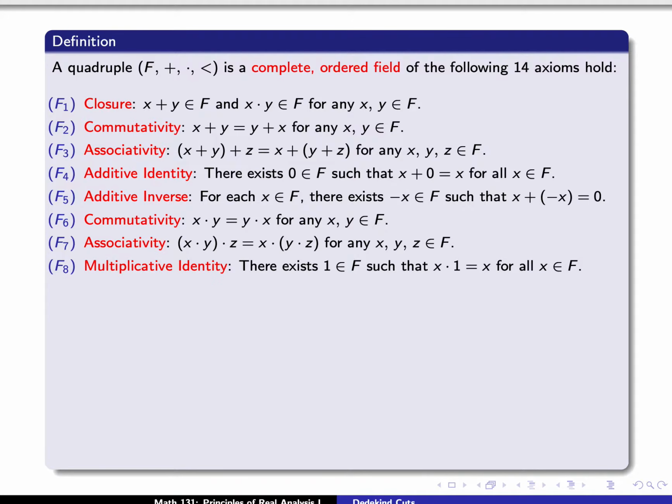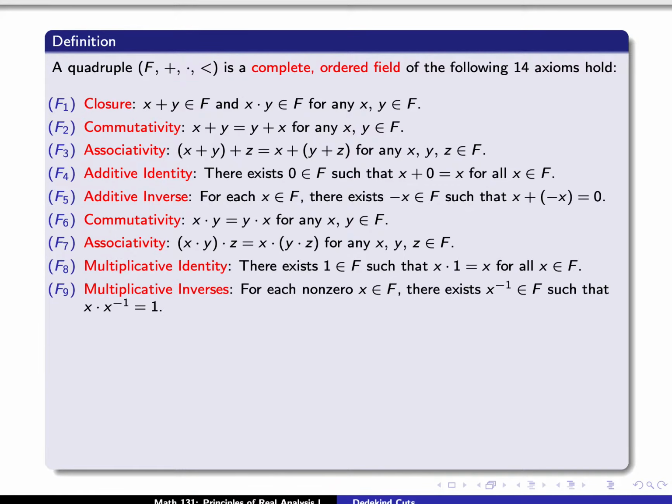We have the existence of a multiplicative identity that we'll denote by the number 1. That is, there exists a number 1 such that x times 1 is x for all elements x. We have multiplicative inverses. For every non-zero x, there exists an x to the minus 1 such that x times x to the minus 1 is our multiplicative identity 1.